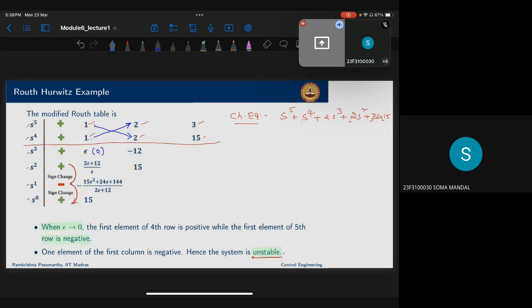Then 1 multiplied by 3 minus 1 multiplied by 15, that is 3 minus 15, minus 12 divided by 1. How much is it? Minus 12. Is this clear? S cube row. Any doubt?